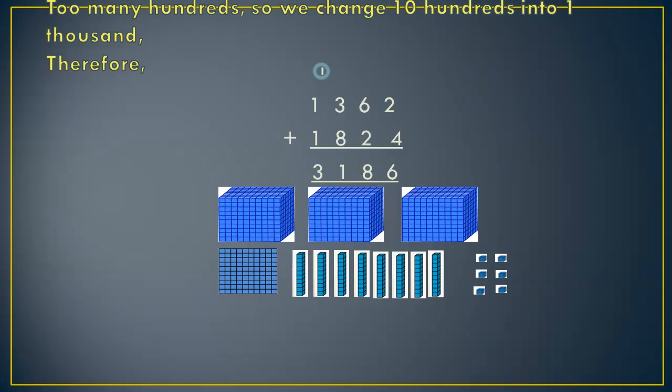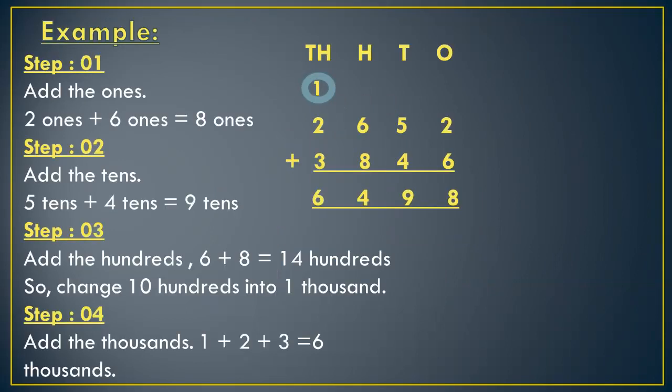When we count these blocks, it will be 1824. But we can see there are too many hundreds in this value. So we change 10 hundreds into 1000. Therefore, when we add these values, we get 3186.